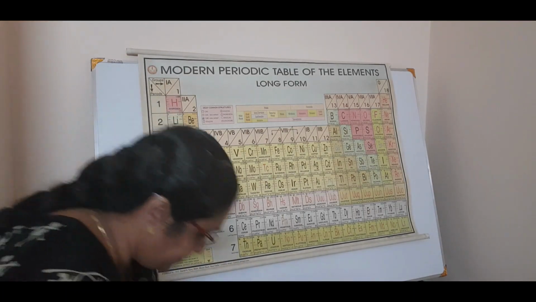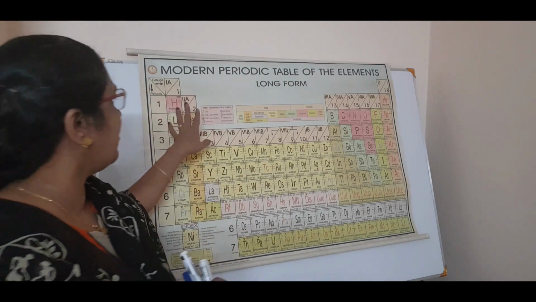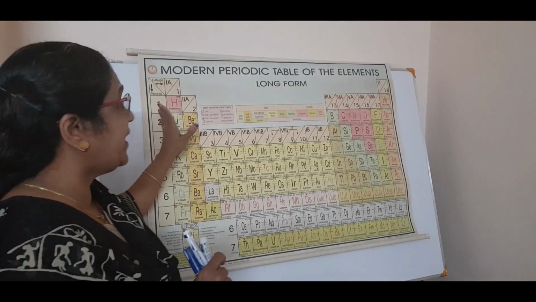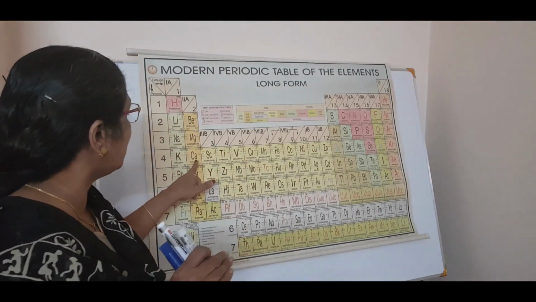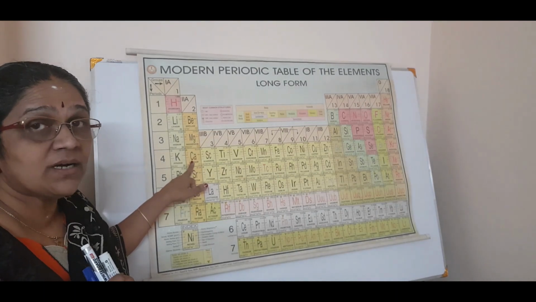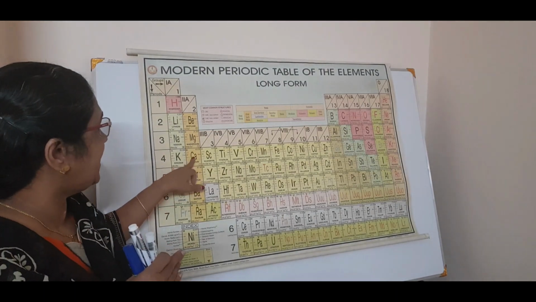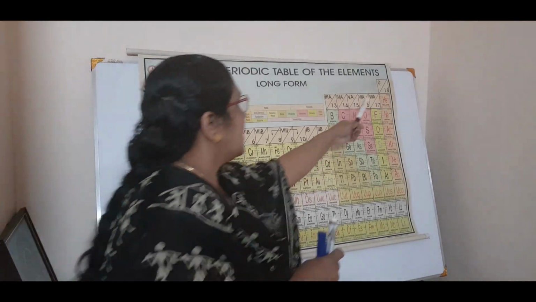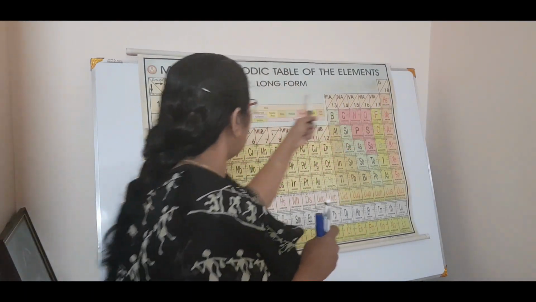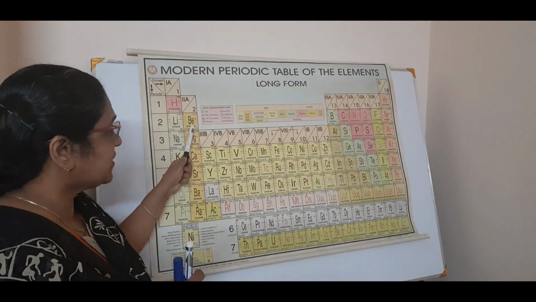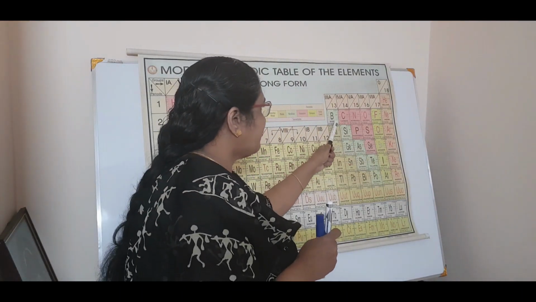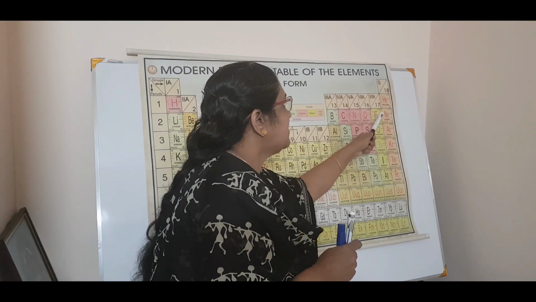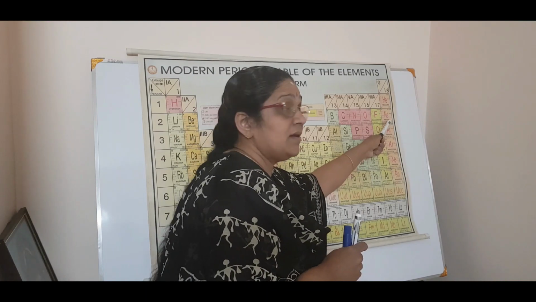Okay, now this is the group, correct? Now these 2 periods, at least 20, take atomic number 20 that you studied in smaller classes, isn't it? That is according to the period wise. For the atomic number, see, hydrogen, helium, second atomic number, third is lithium, fourth is beryllium, atomic number 5 is boron, 6 carbon, 7 nitrogen, 8 oxygen, 9 fluorine, and 10 neon.